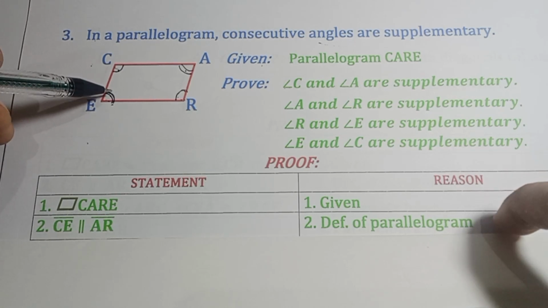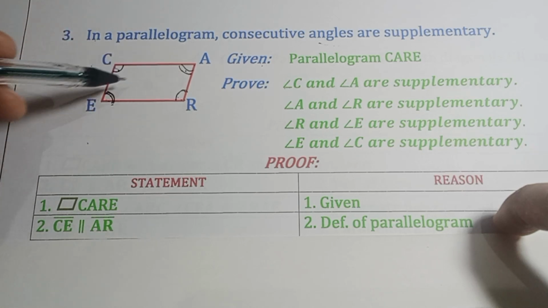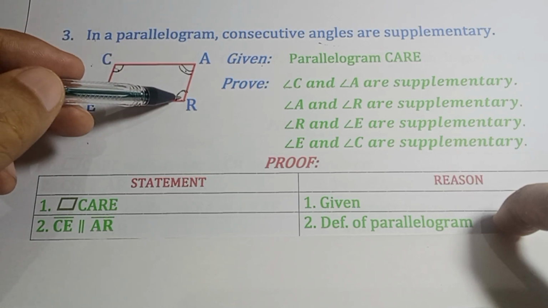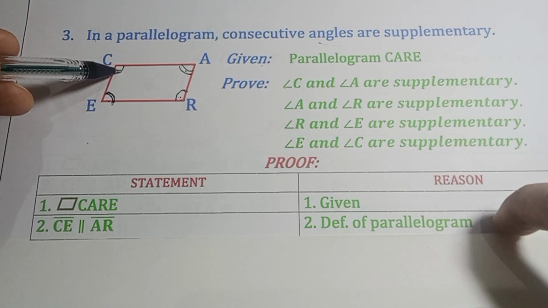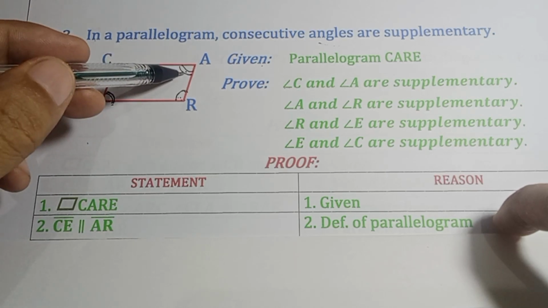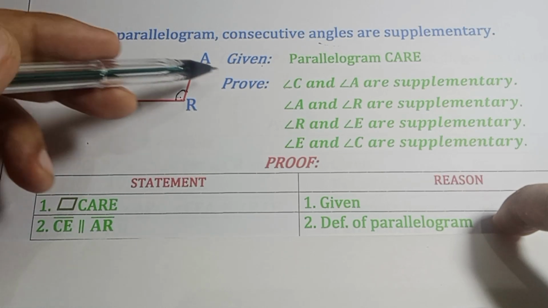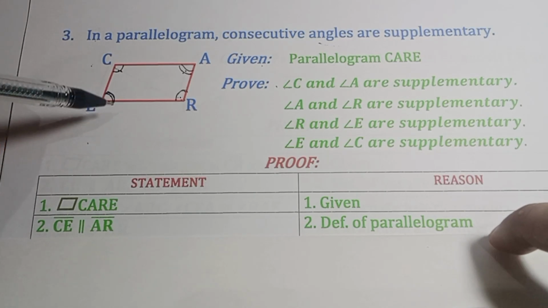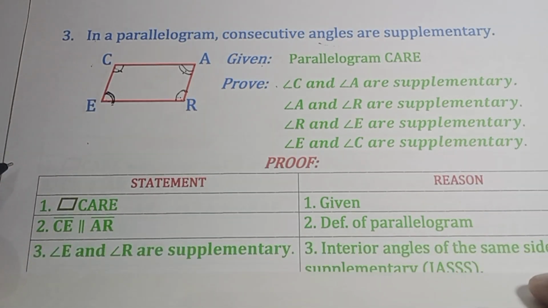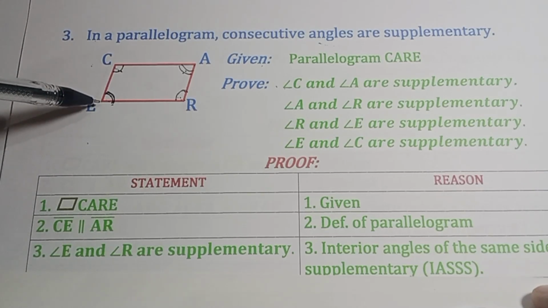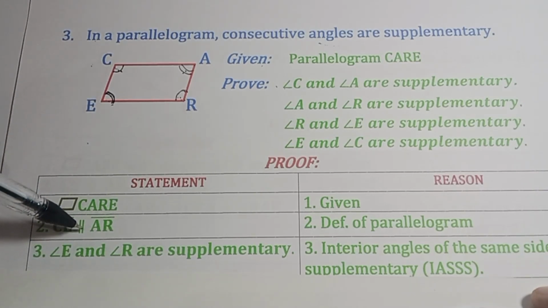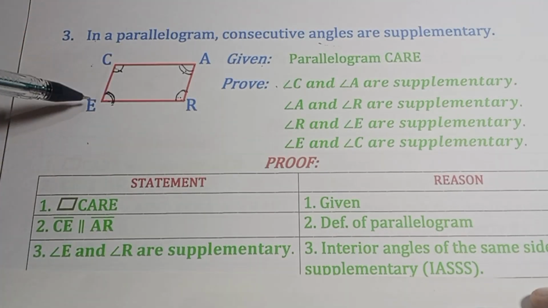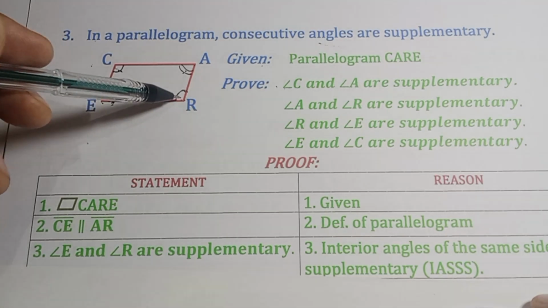Now, since these are supplementary and these opposite angles are congruent, in other words, these are also supplementary. So we will be able to prove this. Now let's continue our statements and reasoning. Okay, we have angle E. By the way, since CE is parallel to AR, this one is our transversal. Then we see that angle E and angle R are supplementary.